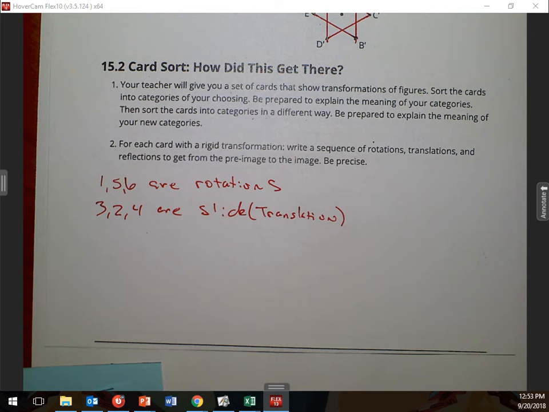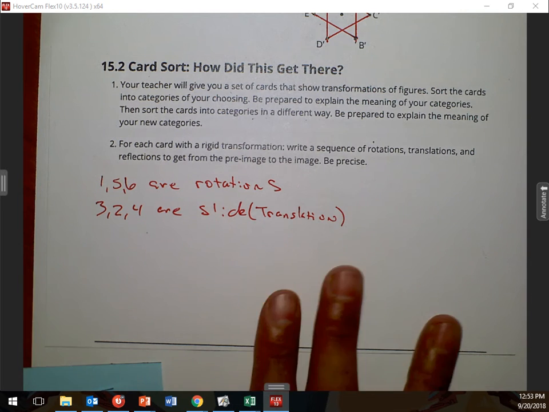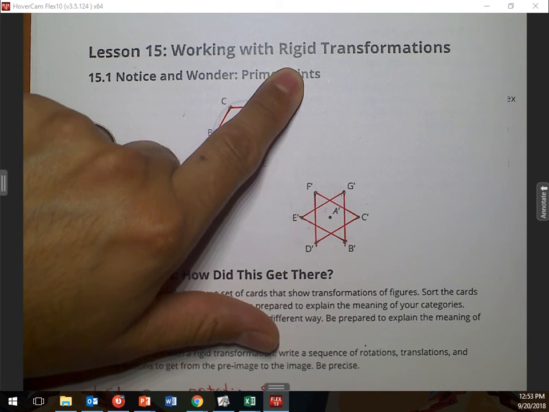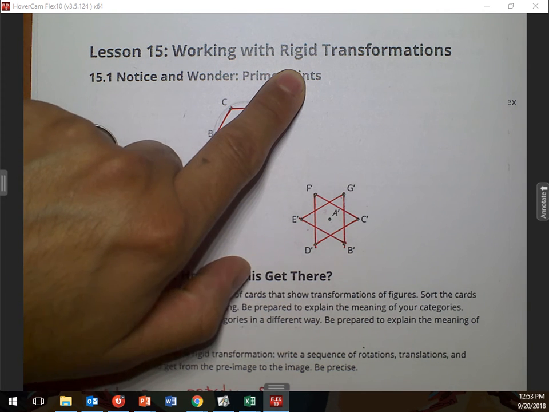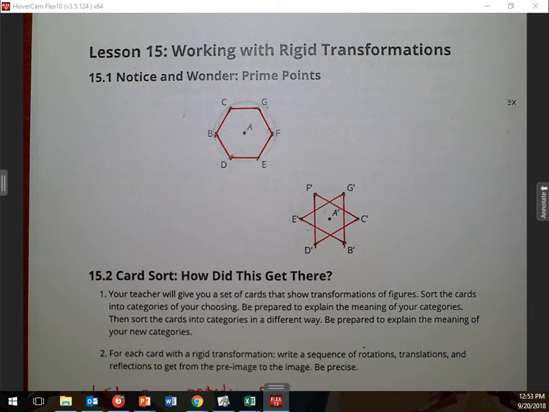Because when we started the definition at the very beginning, I said working with rigid transformation, the word rigid means does not change the shape or size. That's what rigid means? Does not change the shape or size. We've already had this vocabulary word once too.